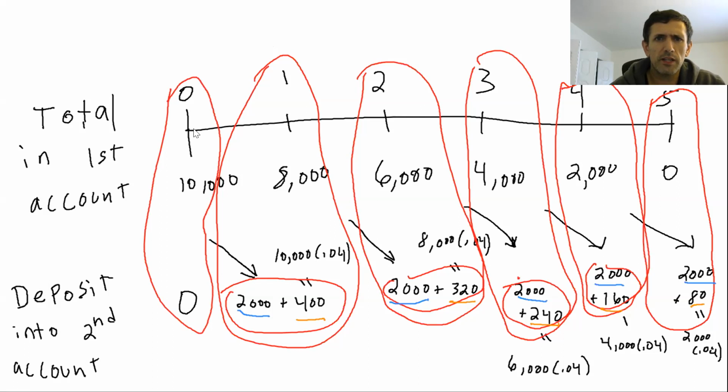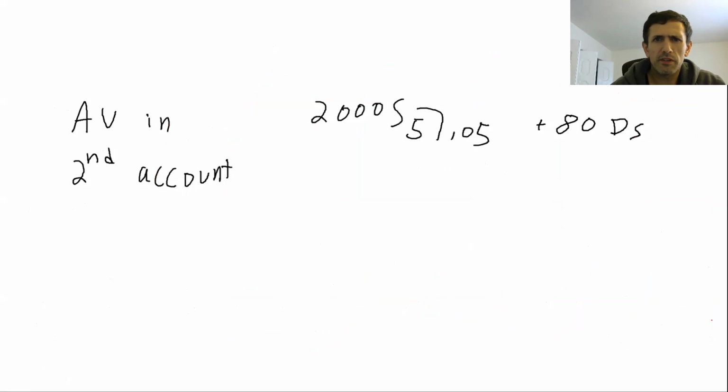So it's annuity immediate. So DS5.05. Okay, so I guess I can just do this real quick in the calculator. So second clear TVM.